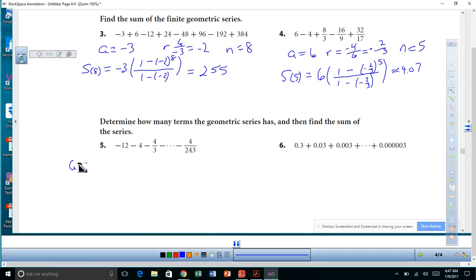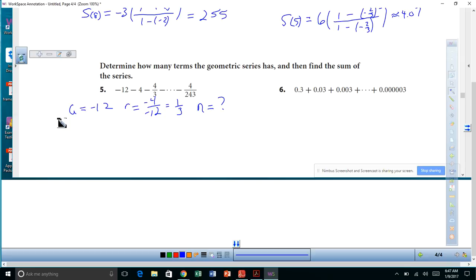So A equals -12. R equals -4 over -12, which is 1/3. And we don't know what N is. All right, so we've got to calculate what N is.